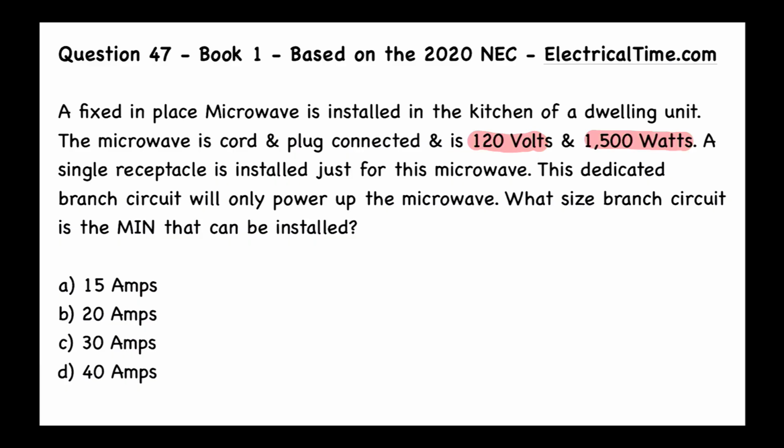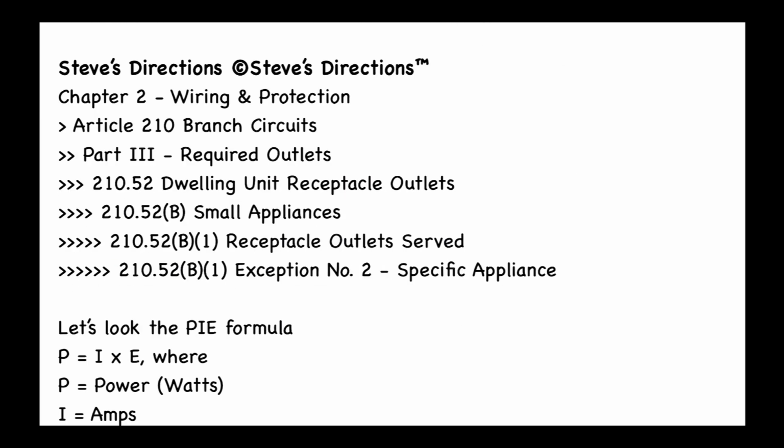And the answer to this question is going to be A, and that's going to be 15 amps. So when we're looking at this question, we're asking ourselves, what article are we talking about here? We are talking about branch circuits, found in Article 210, which is also titled Branch Circuits, within Chapter 2, Wiring and Protection.